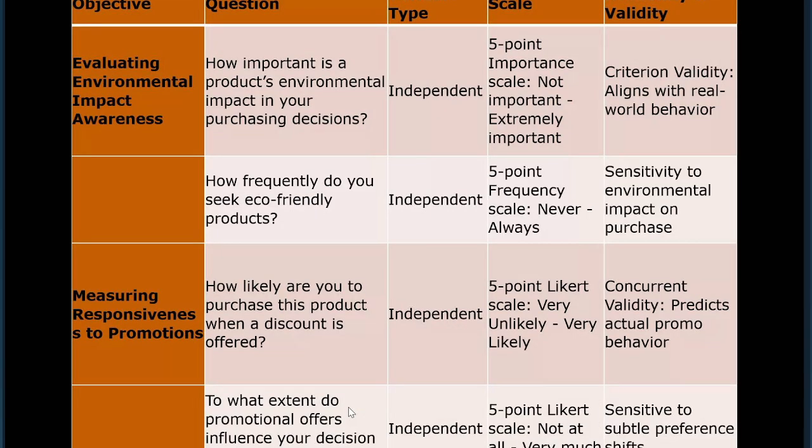Then the second part. So you see, each question is crafted with appropriate scales and structured to achieve high reliability, validity, and sensitivity, ensuring robust data collection on brand perception, satisfaction, loyalty, environmental concerns, and promotional responses. This table format presents a concise publication-ready questionnaire design.